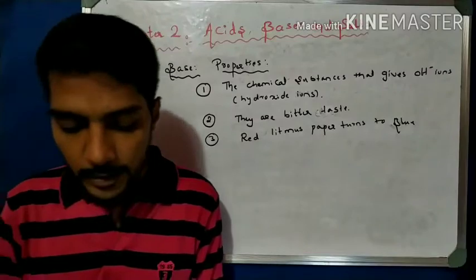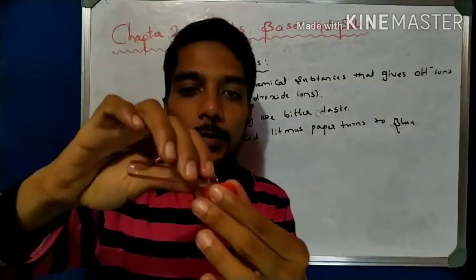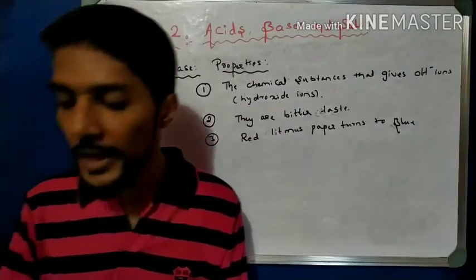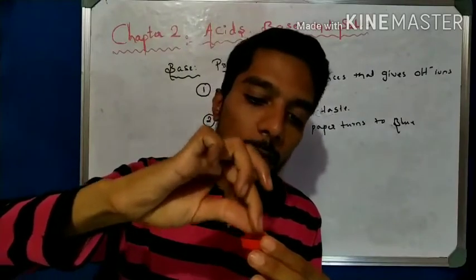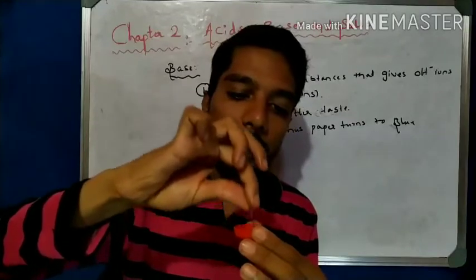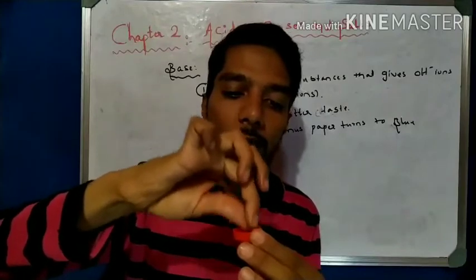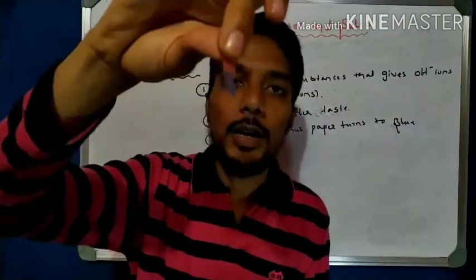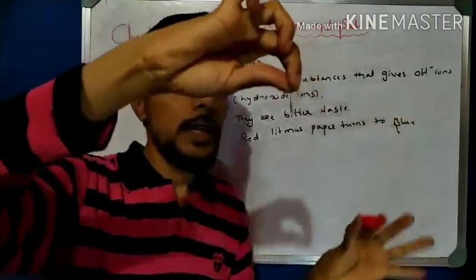I take the base, potassium hydroxide, in this cup. Now I test with the red litmus paper, so I dip it. As per the statement, the red litmus paper turns to blue. After some time of dipping into this base, we observe the blue color. So red litmus paper turns to blue in the case of base.